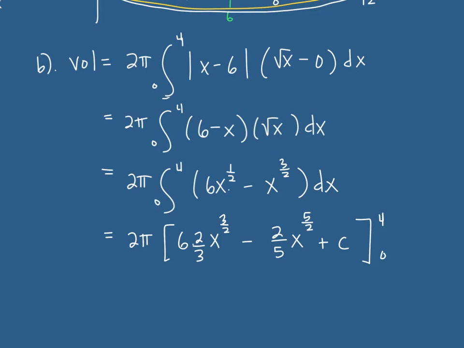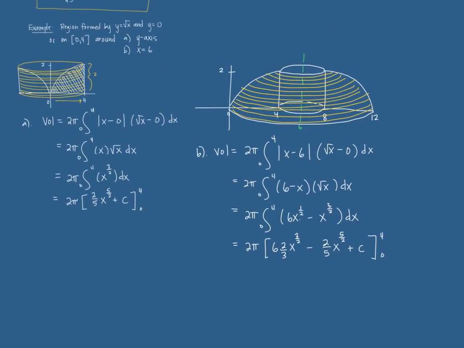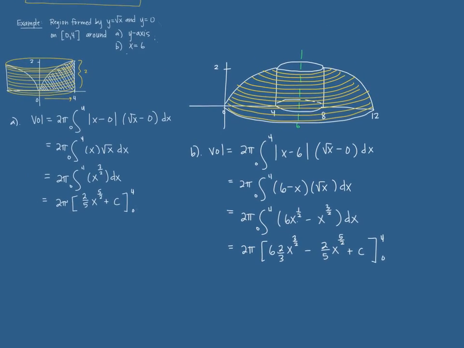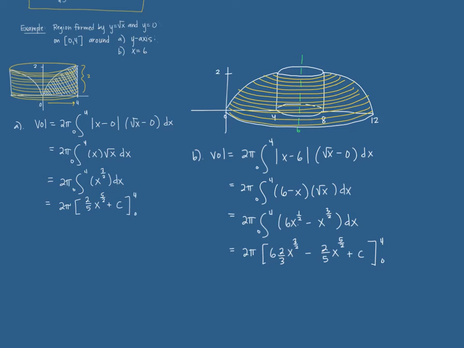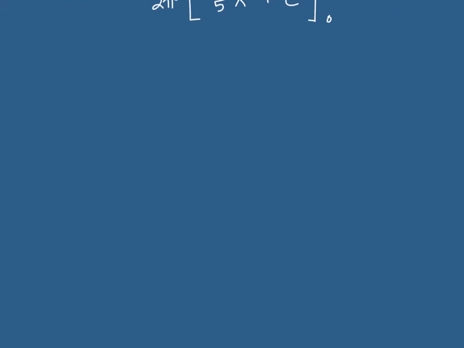I'm not finishing it all the way. I'm just wanting to set it up. Okay, again, could you have done that with disks? Absolutely, 100%. You just would have to convert everything into y first, which is totally fine. All right, last example, like literally last example of the year.